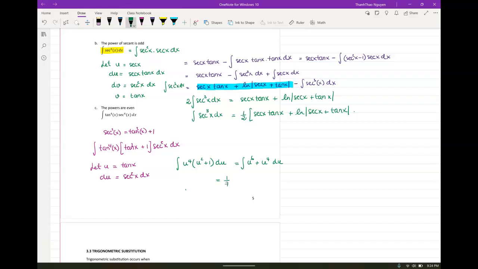That is 1/7 u to the 7 plus 1/5 u to the 5th plus c. And u was tangent of x, so 1/7 tangent to the 7 of x plus 1/5 tangent to the 5th of x plus c, where c is a constant.